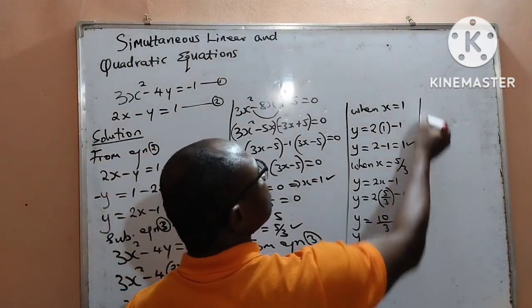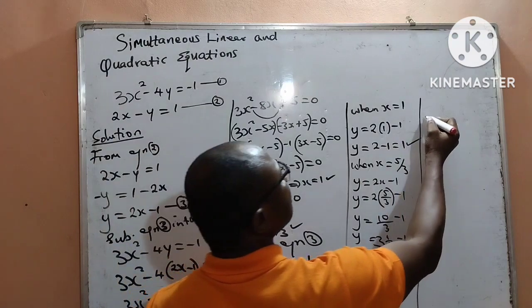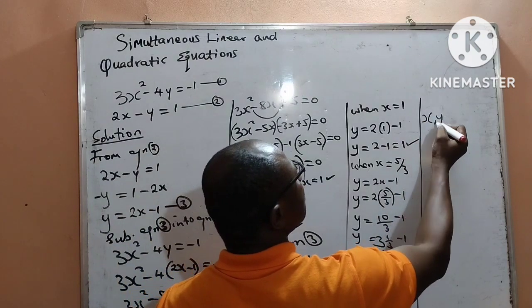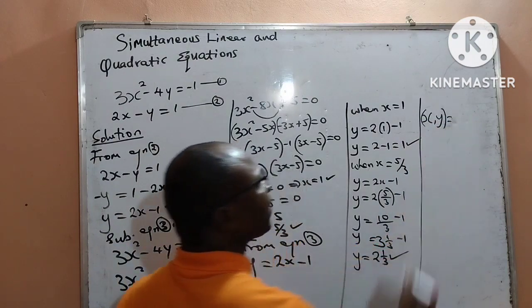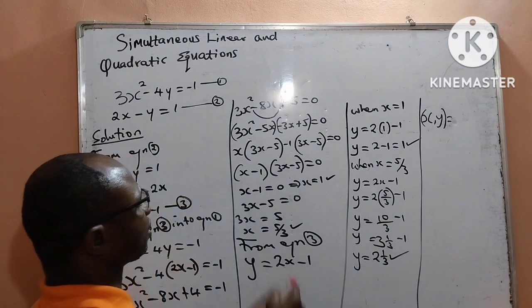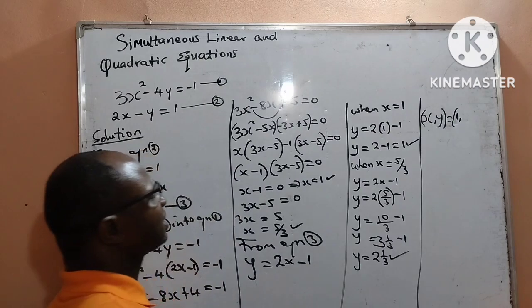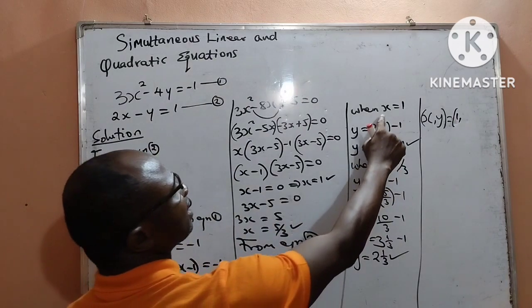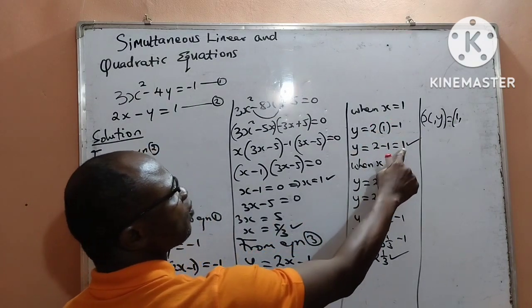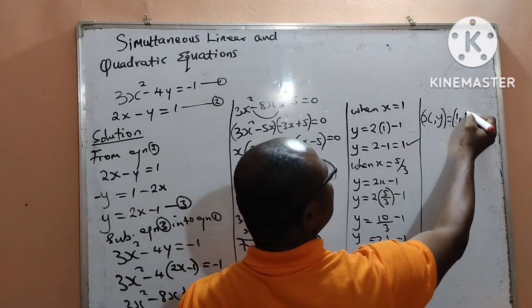In conclusion to this question, we can now simply say that we are looking for the values of x and y. And the first value of x, which we got, was 1. And when x is 1, the value of y we got is also 1.